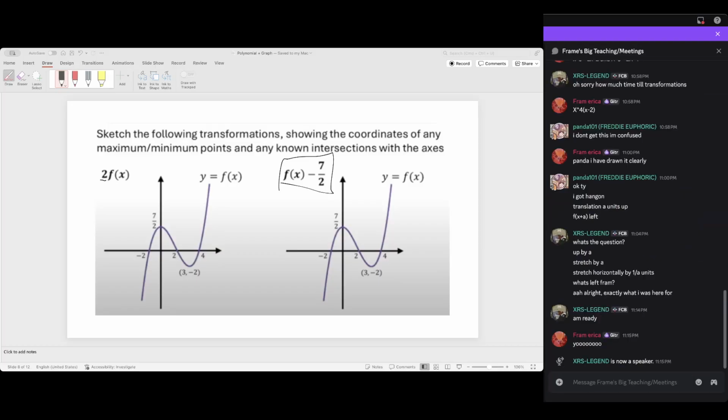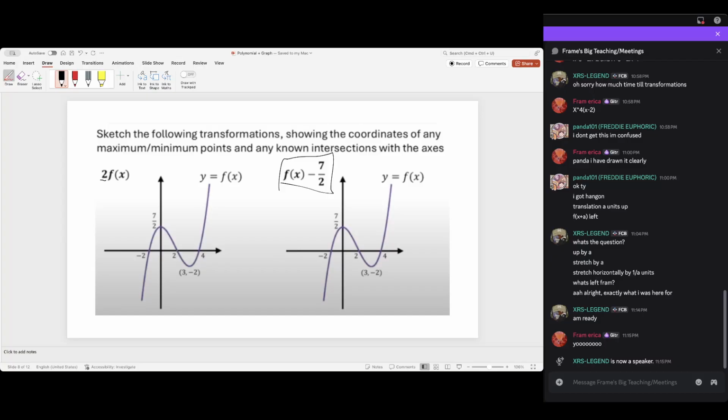For 2, I think you know it, right? Won't the x values just remain the same for the intersection with the axis, except 0, comma 7? 2 times the y-axis intercept will be 0, comma 7.